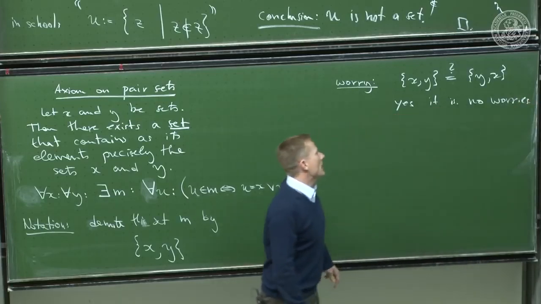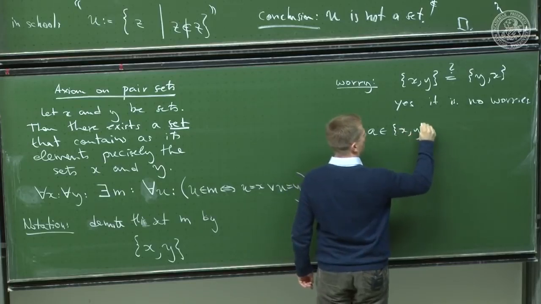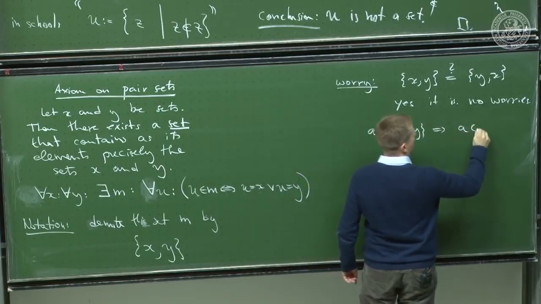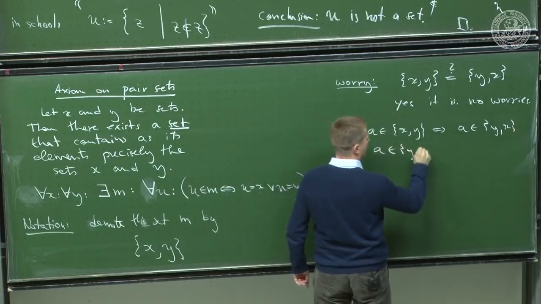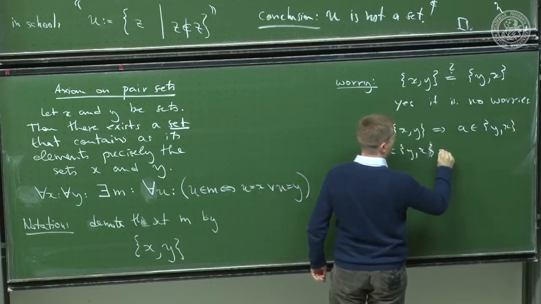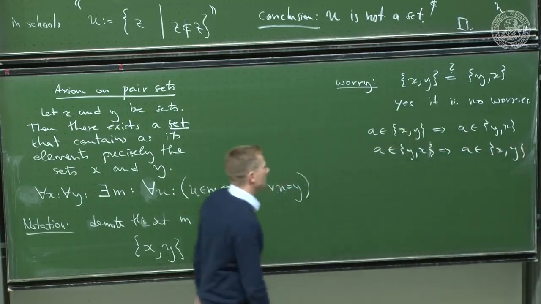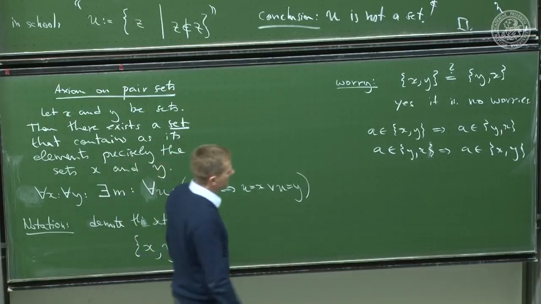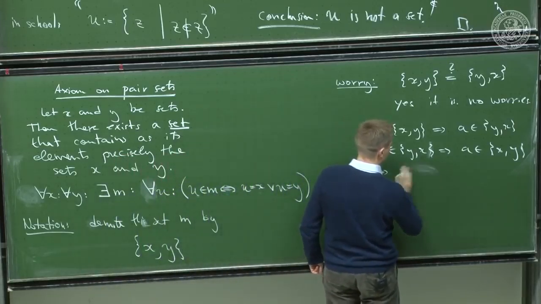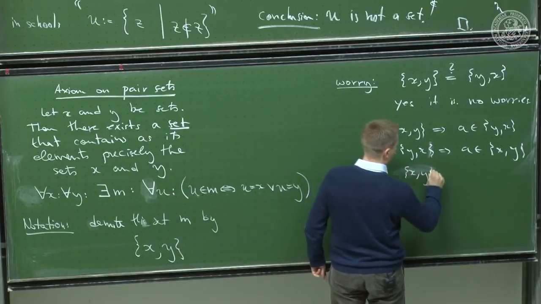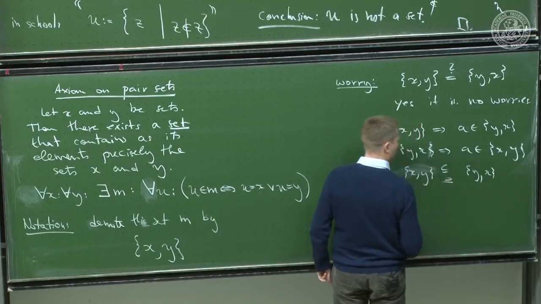Why is it? Well, if an A comes from xy, that implies that A comes from yx. And if A comes from yx, that means A comes from xy. How do I know this? Well, by employing the element relation and stuff like this. That means the set xy is a subset of the set yx, but also the other way around.